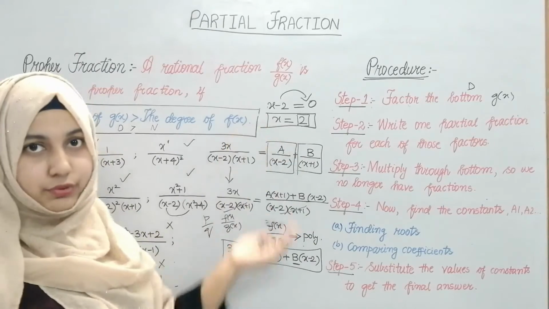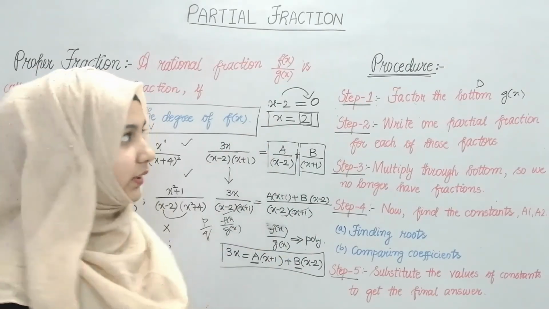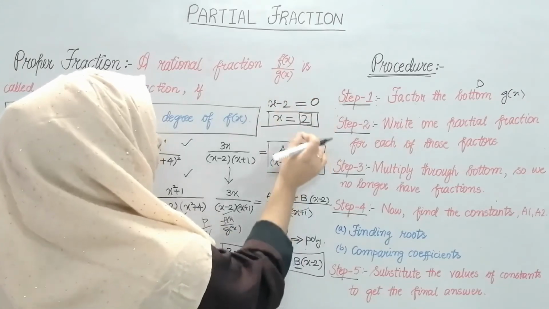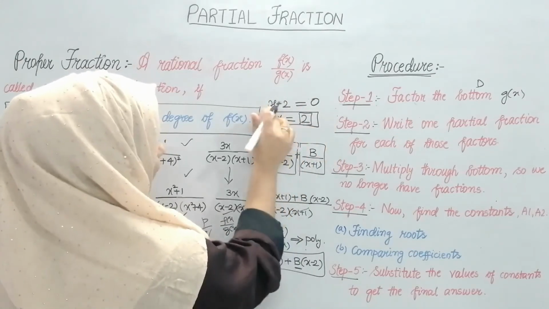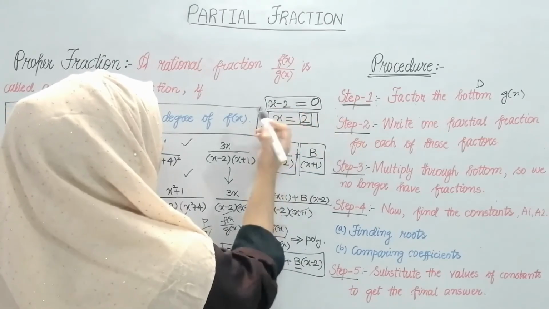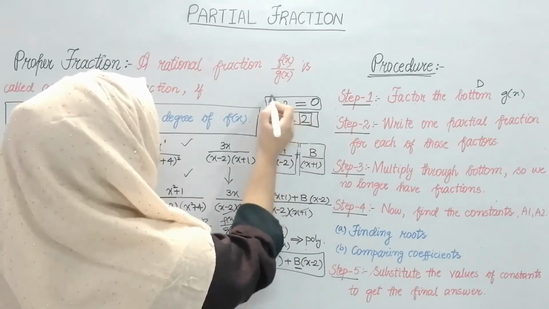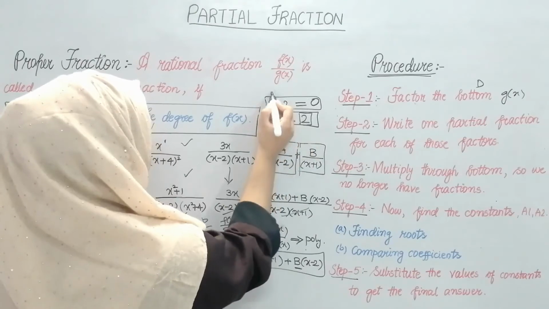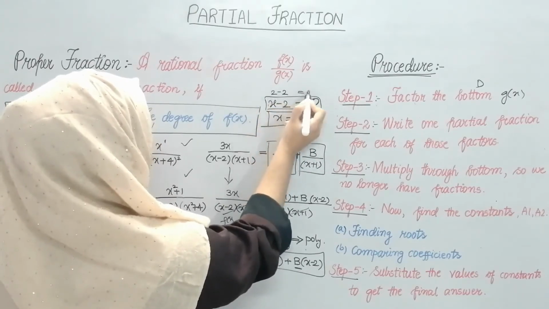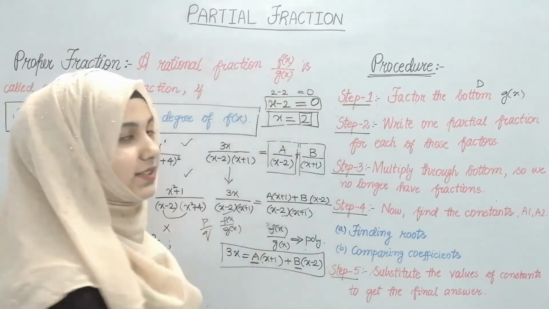This is how we find the roots, right? What do you mean by root? See here, this was my factor right here. If I substitute this 2 now in this equation, I should get 0. That means LHS and RHS should be equal to 0. If I substitute 2 in place of x, I already have minus 2. So 2 minus 2 is equal to 0. So LHS and RHS are satisfying here.